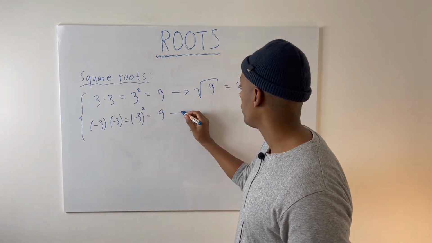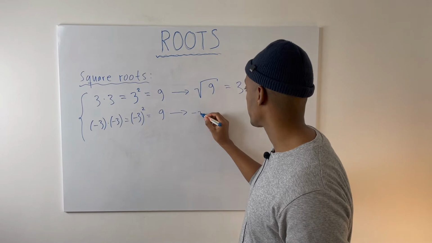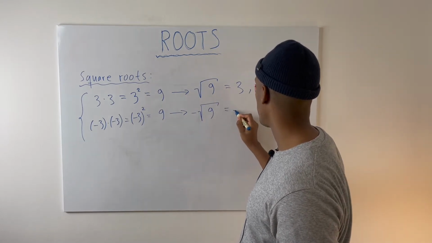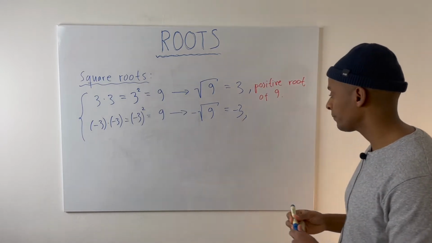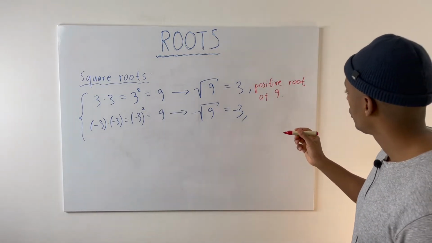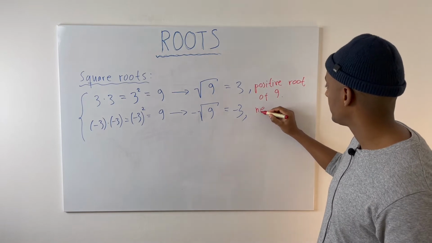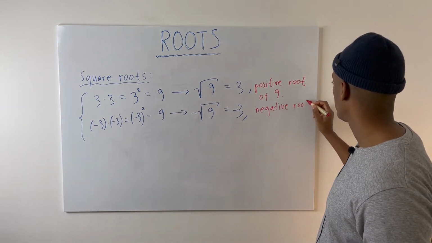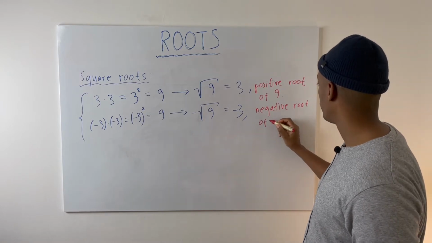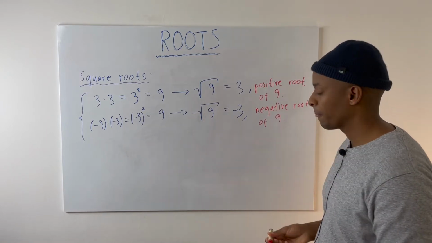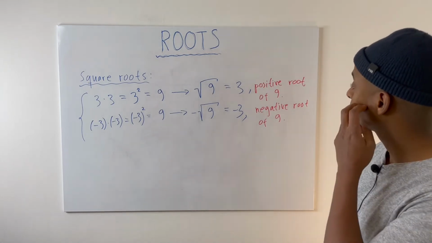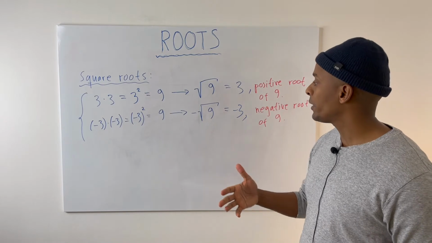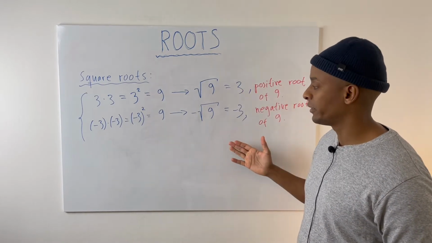So here we see that minus the square root of 9 is equal to minus 3. So this is the negative root of 9. So when we take the square root, we have a positive root and a negative root.